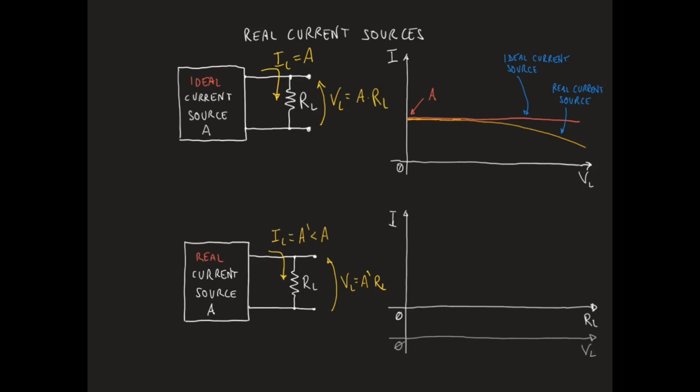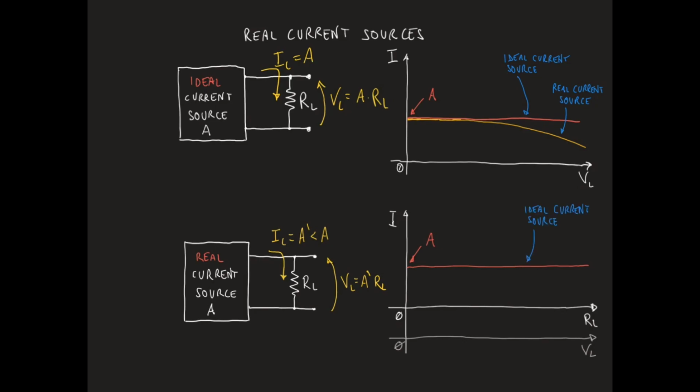In the case of the ideal current source, the characteristic remains the same, so it will be represented by a constant current with value A for any value of the resistance RL.